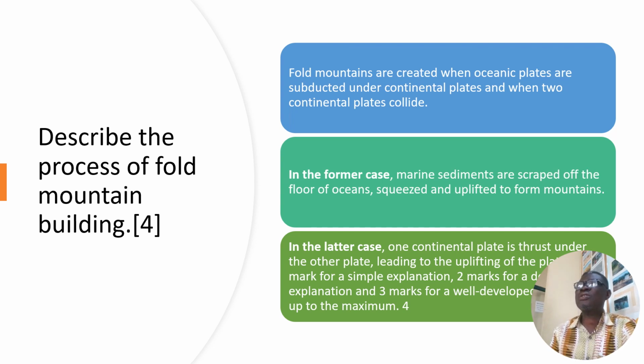In these two areas, the way in which they are formed differs. Fold mountains are created when oceanic plates are subducted under continental plates and when two continental plates collide. You should be able to know where these two scenarios are occurring.